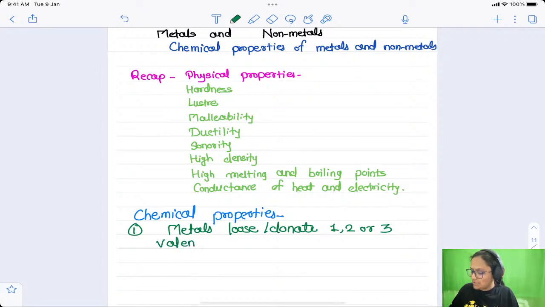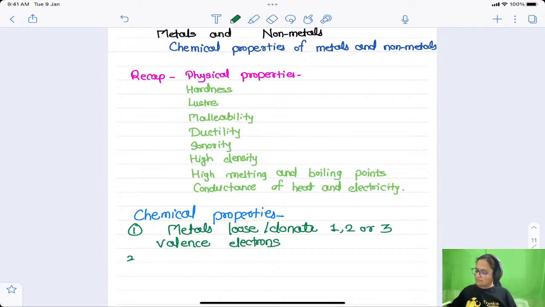Valence electrons are the outermost electrons, present in the outermost, that is valence shell. Whereas non-metals gain electrons.